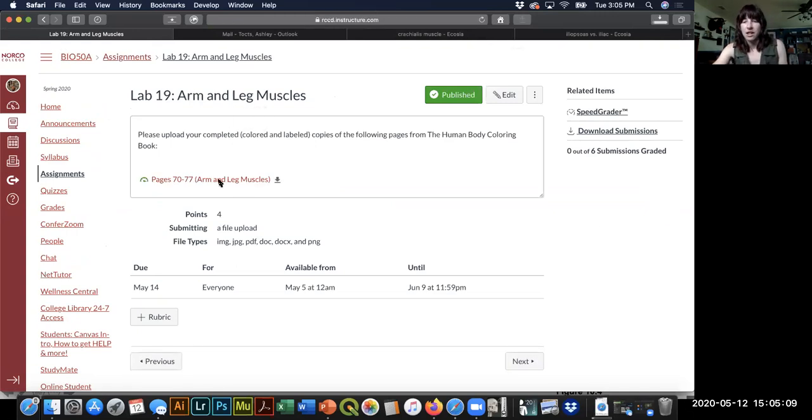On your human body coloring book lab assignment, which is downloading, sorry, the quadriceps includes 1 muscle that is deep to the rest, so you can't see it in a superficial view.